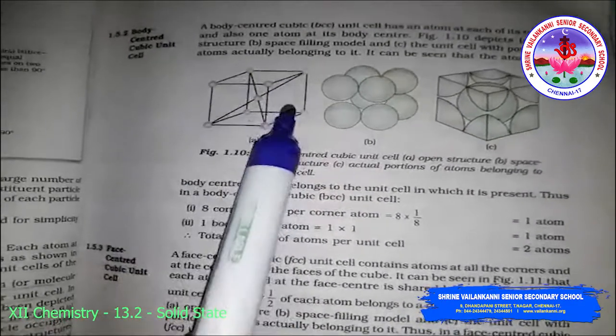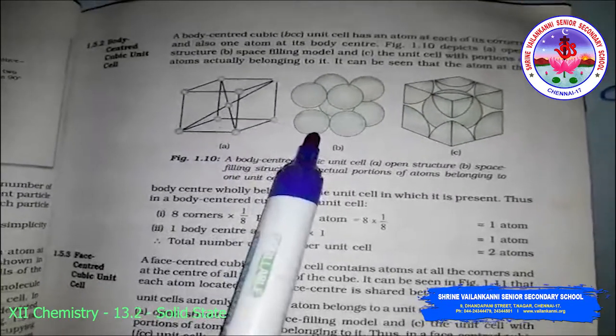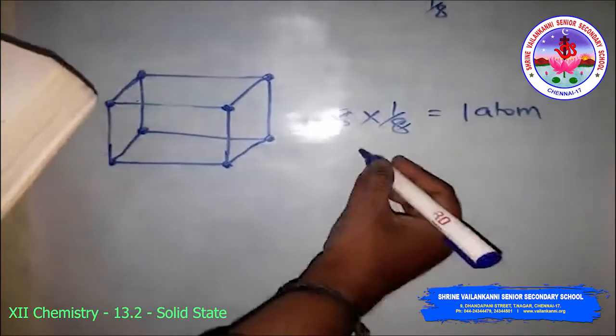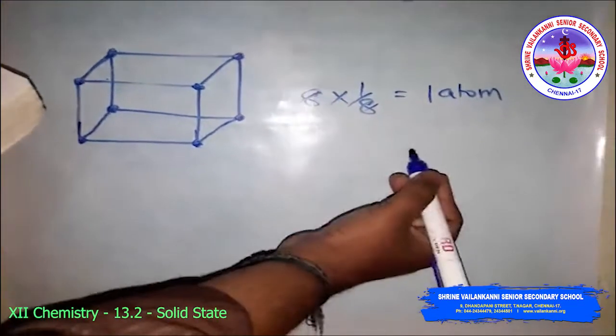Look here, so here also one atom, and the body center is one atom. So the open structure, space filling structure and the actual portion of the atoms. The body center belongs entirely to the unit cell, so we can represent it like this. So 8 into 1 by 8, one atom.